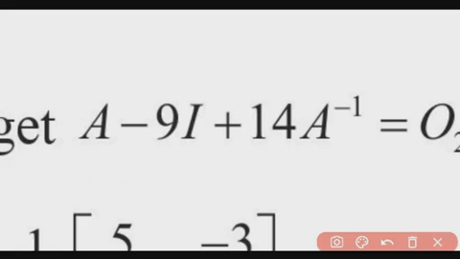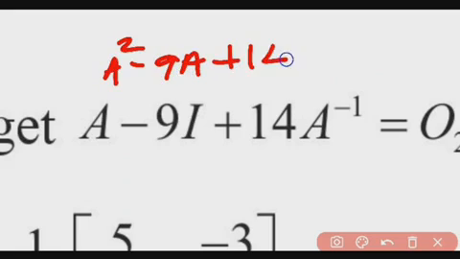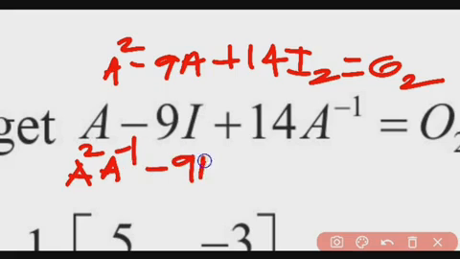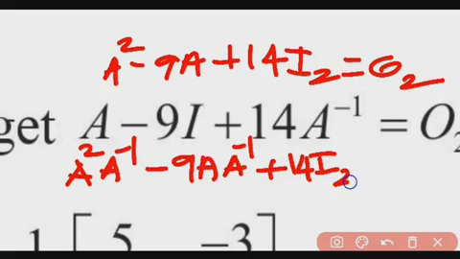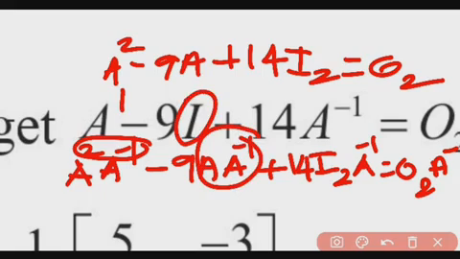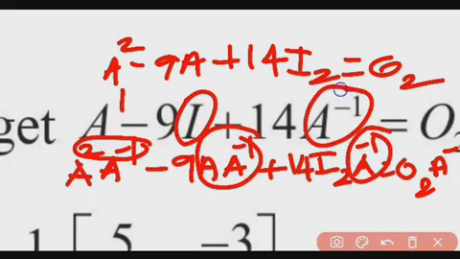So I repeat, we have A square minus 9A plus 14I2 equal to the 0 matrix. Multiply A inverse on each term: A square into A inverse minus 9A into A inverse plus 14I2 into A inverse plus 0 matrix into A inverse. So A square into A inverse is A power 1 and A into A inverse is I. Then the unit matrix into anything is the same matrix, A inverse.